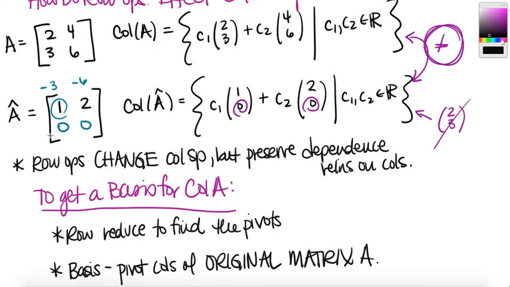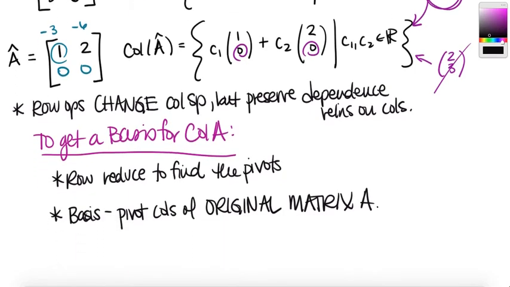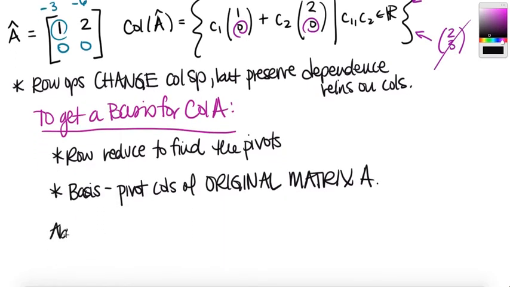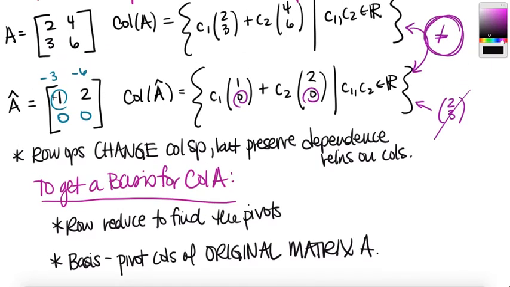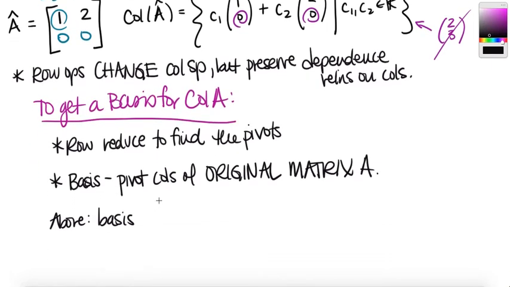So we just need the first one that has the pivot to have an independent set. But the span of those is different than the span of the original, and column space is the span of the original. So figure out where the pivots are, go back to that column to get your basis. So in this example above, we found out the pivot is in the first column, but we go back to the first column in the original matrix, so your basis would just be (2, 3).